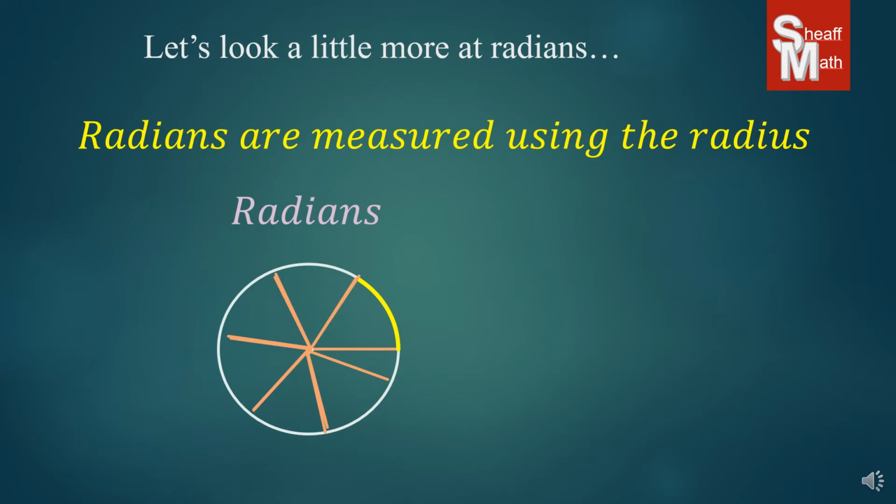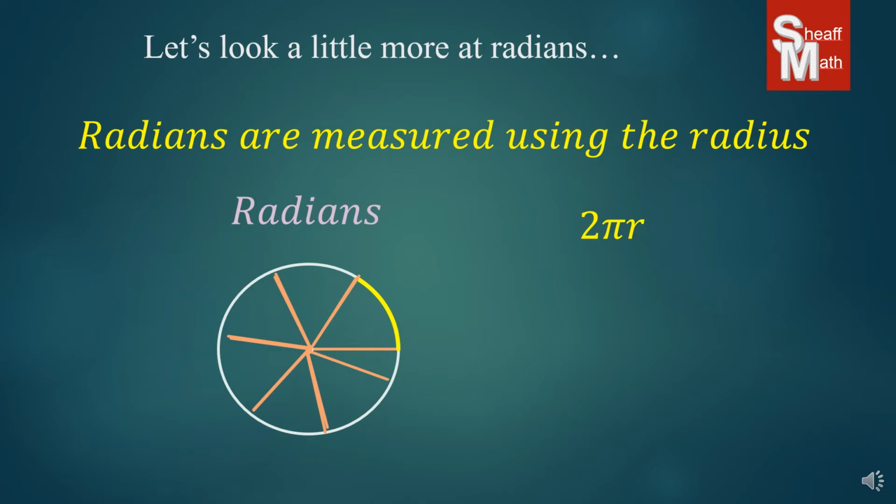The reason for that is because we're trying to figure out how many radius lengths are around the circle. We know that for each of those arcs, there's 6 whole ones, and then there's a little one left over. So how many radius arcs are there?